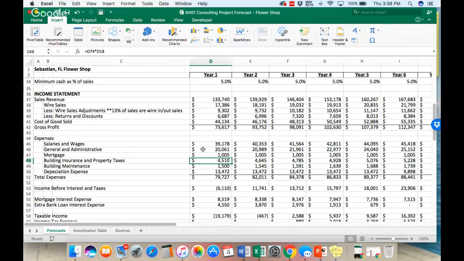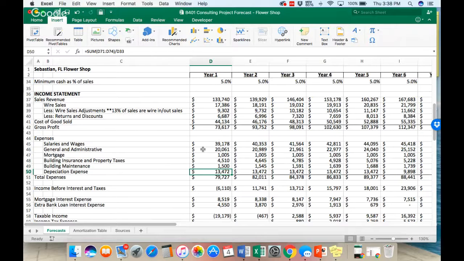Building insurance was calculated by taking the building value and multiplying it by the average cost of insurance and the property tax, which was found through research. Building maintenance, we figured would be about $150 per square foot per year. Our building is about 1,000 square feet, so we totaled that expense to be about $1,500 a year.